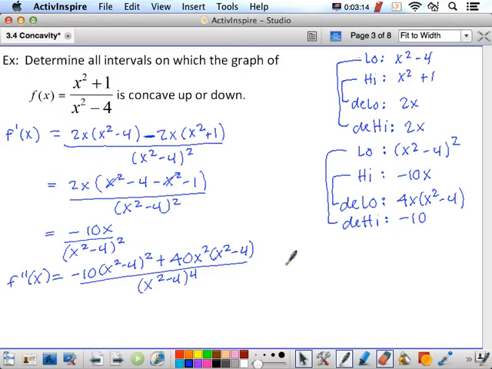Now in this case, I can take out an x squared minus 4 and reduce it, right you guys? Yes, ma'am. Okay. So do you want to take out a positive 10 or a negative 10? Negative. Okay, let's see what we get. We're going to take out a negative 10 and an x squared minus 4 to the first power.